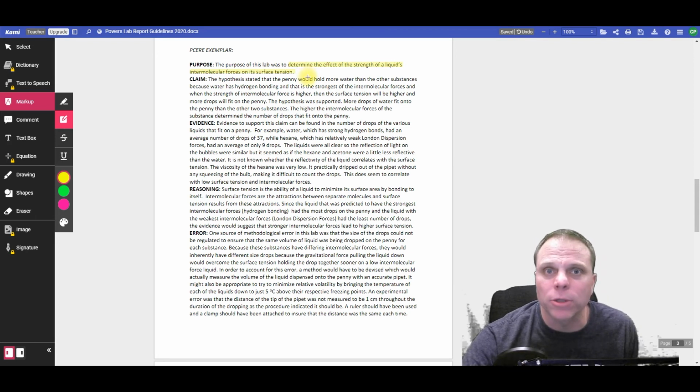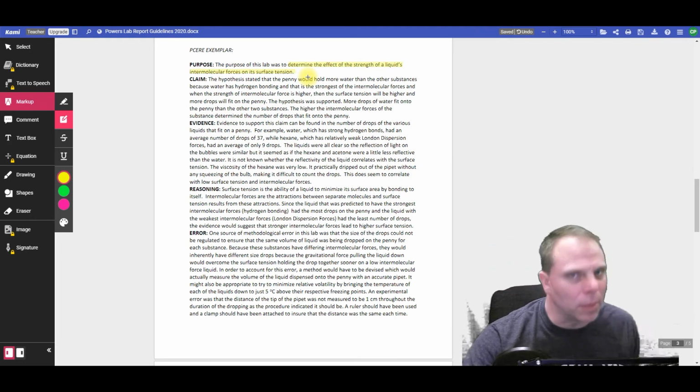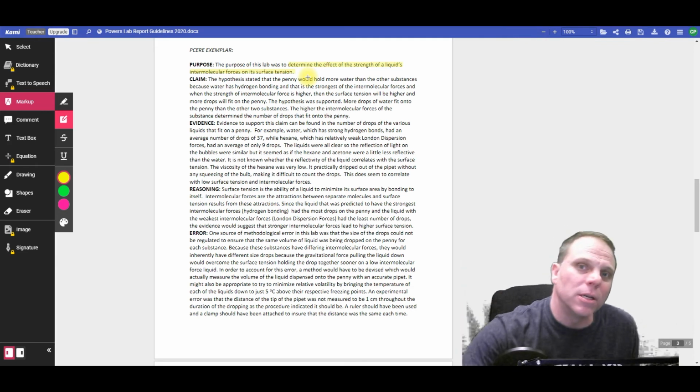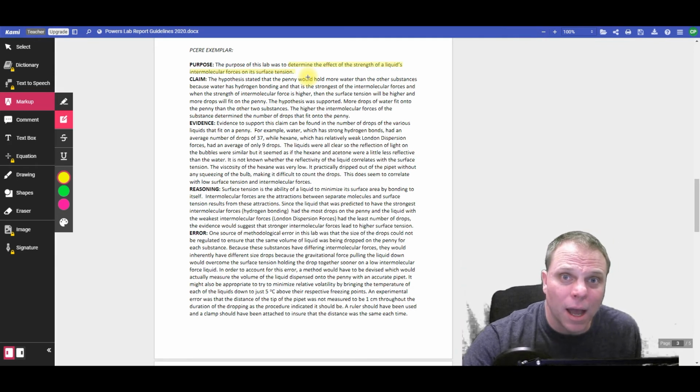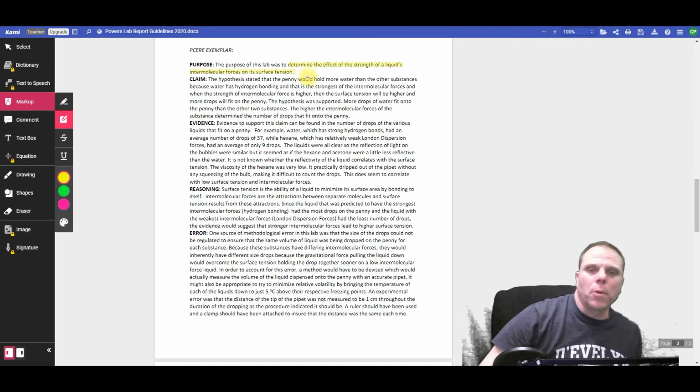That's the problem we're trying to address. That's the question. This is not the purpose as distinguished from the problem; the purpose is, why does this matter to society? Why do we care if I'm dropping water on a penny? That would be the purpose you would address in the previous section. But for the conclusion, our purpose is more like the problem.